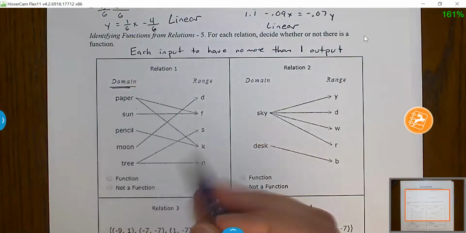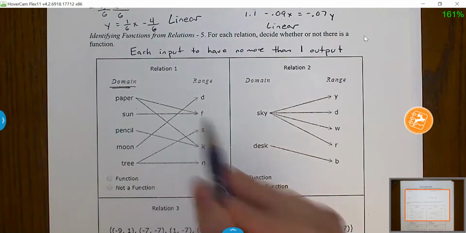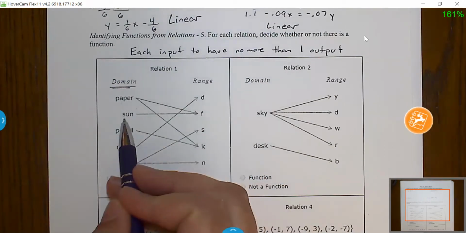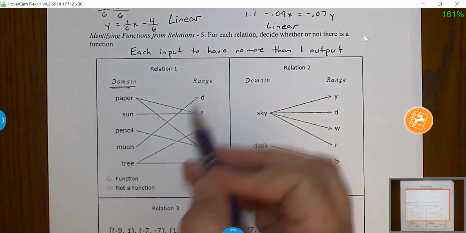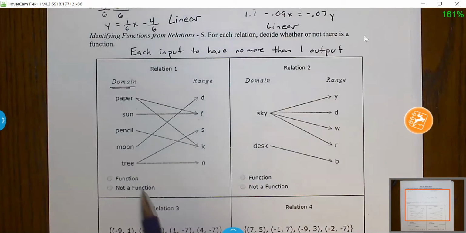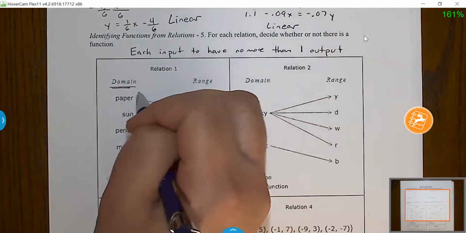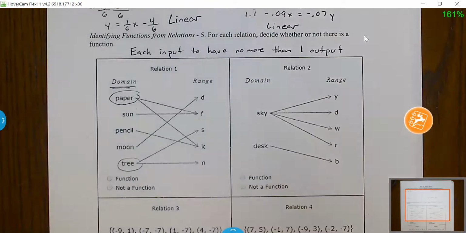So here, paper outputs to F and K because of the 2 lines here. Sun outputs to F, pencil outputs to K, moon outputs to D, tree outputs to S and N. So paper and tree both output to 2 things.